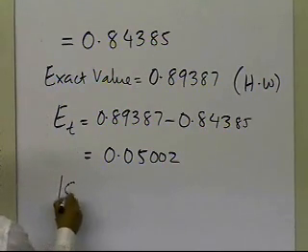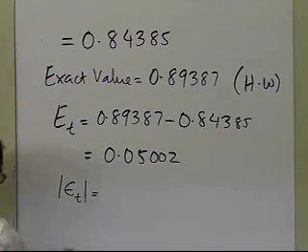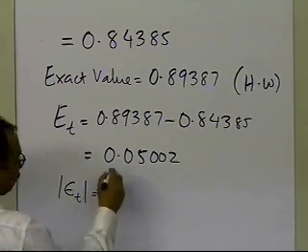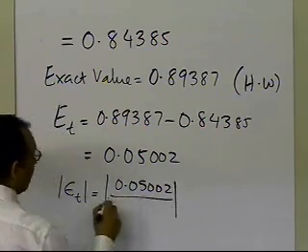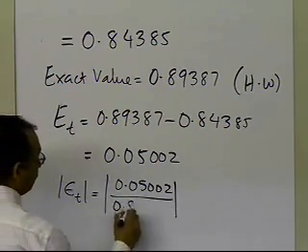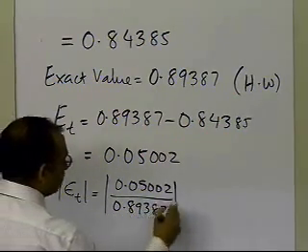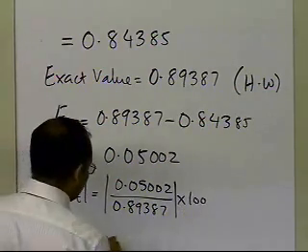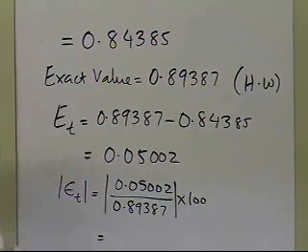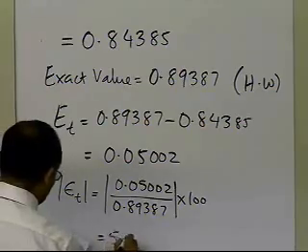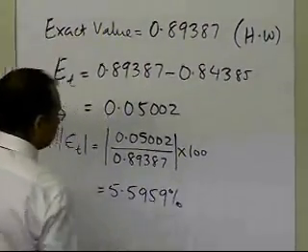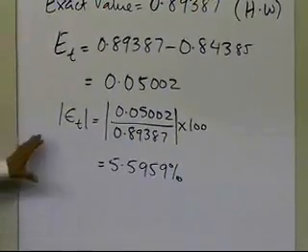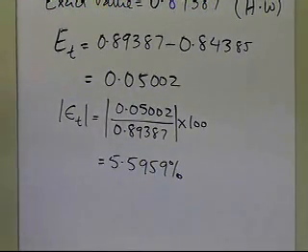If I want to calculate the absolute relative true error as a percentage, that will be the true error, 0.05002, divided by the exact value, 0.89387, times 100, and the value turns out to be 5.5959%. So that's the amount of true error which you're getting by using the 3-segment trapezoidal rule.